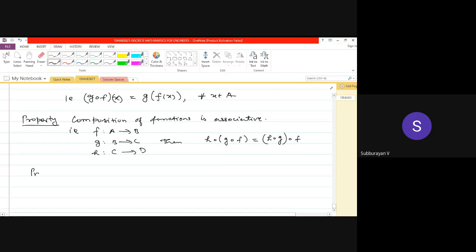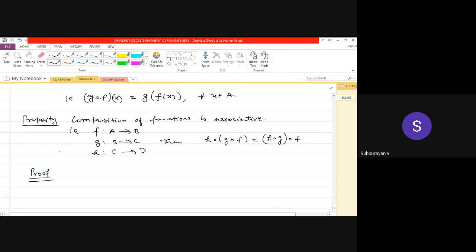Proof. First, we have to prove that the domains of the left hand side and the right hand side are the same. And if we plug any element into these two expressions, they should have the same value.